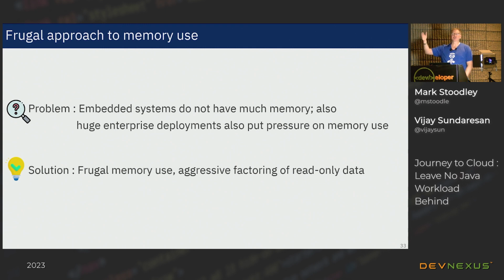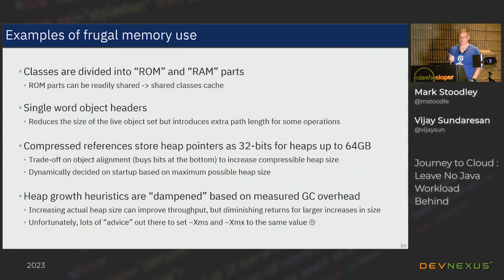These put a lot of pressure on memory. They wanted to use lots of memory, but the systems that you built didn't have that much memory, or it was very expensive to provide that much memory. And so it put a lot of pressure on us, again, to be small. So there are a number of things that we invested in here to try and make Java run in less memory than it otherwise would.